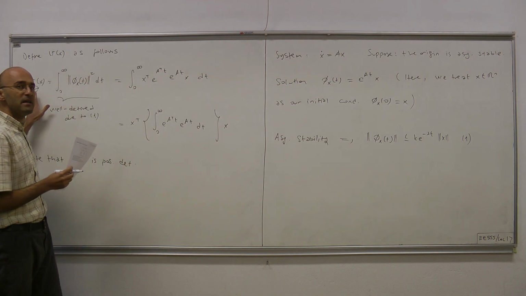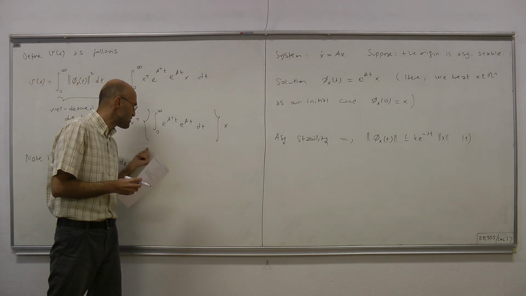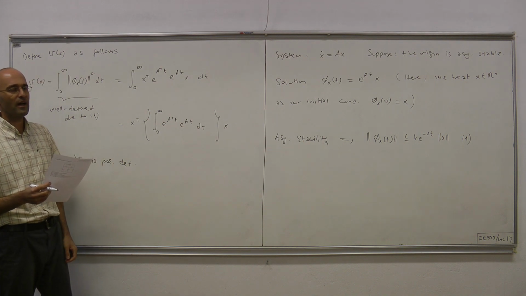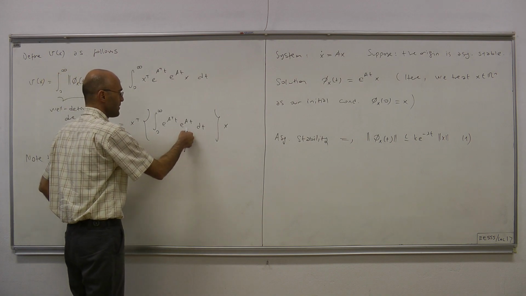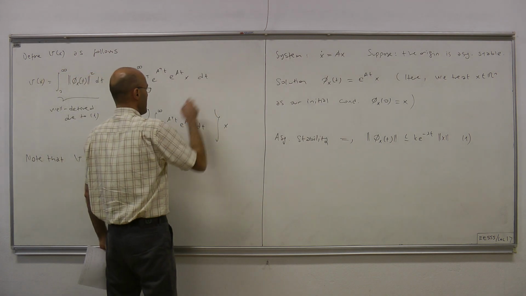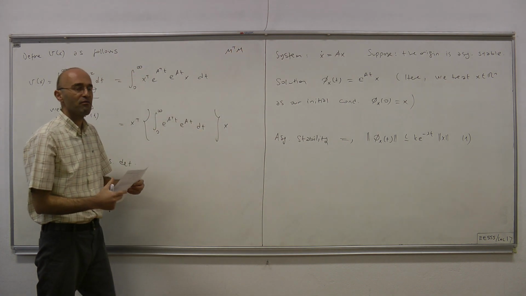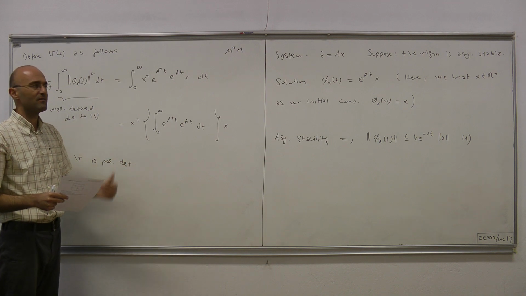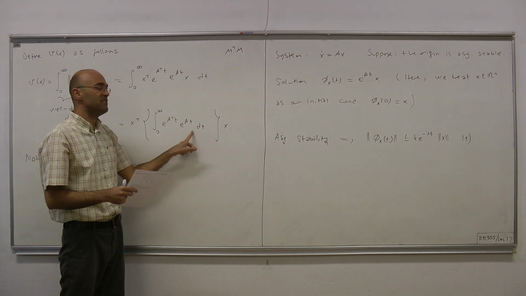Therefore, v being positive definite is equivalent to this symmetric matrix in between being a positive definite matrix. Okay, and this is a positive definite matrix. Why? Because e to the at, here this is some matrix m, and here this is its transpose, m transpose m. So any matrix of this form is always positive semi-definite. Okay, but now this m is not any m; it's e to the at.